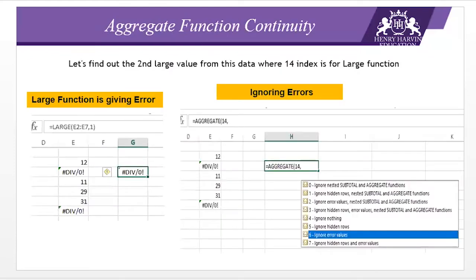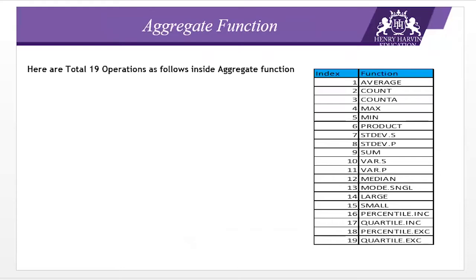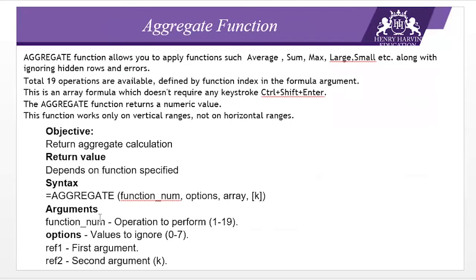Let me show you one more example after this. Function means all 19 operations are there. When you apply the aggregate function, you can define which function you need: average, max, min, and other functions. Maybe you need standard deviation, median, and other functions. All statistical functions are also there.